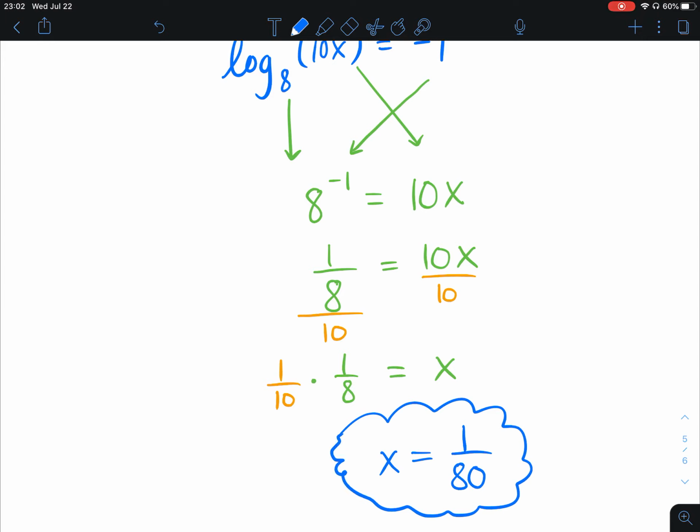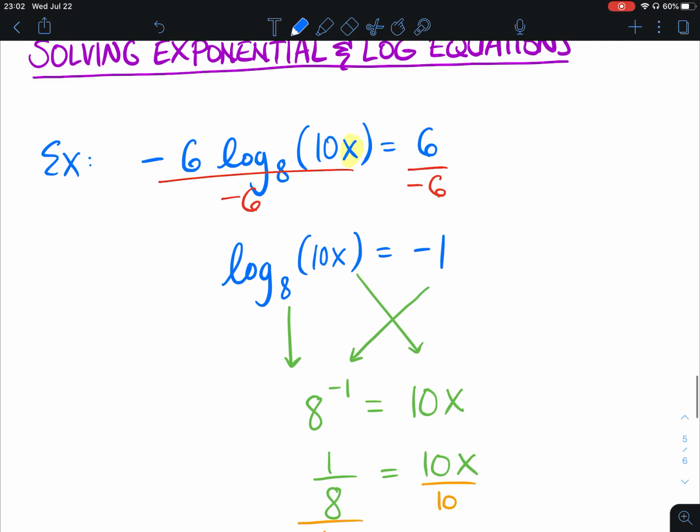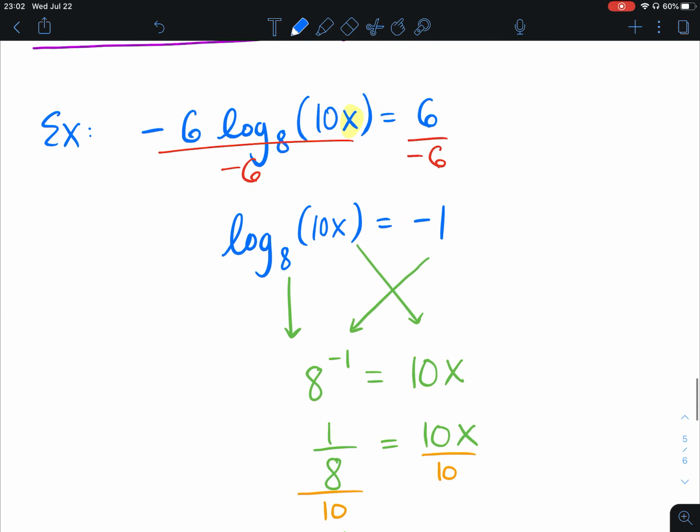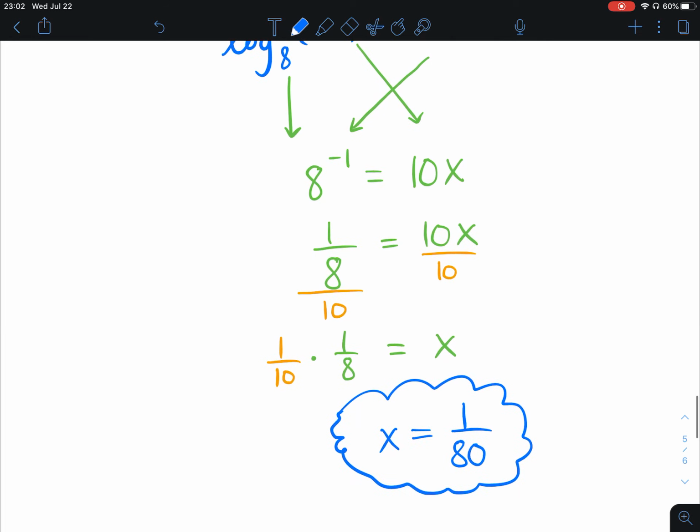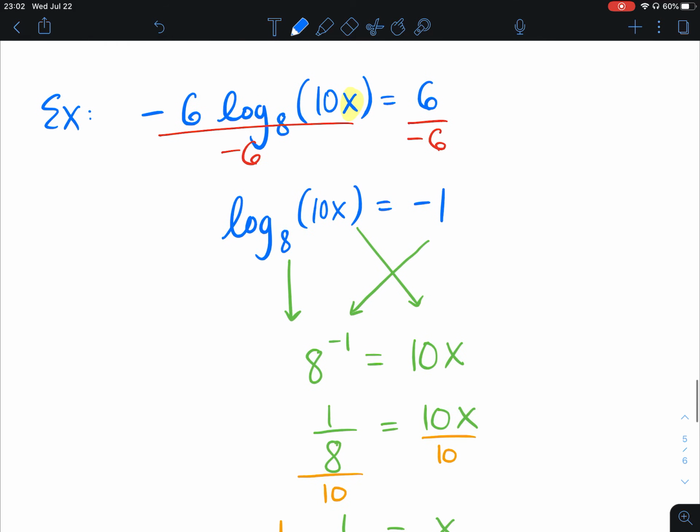Folks who like graphing, graph the left side and the right side and make sure the x coordinate of intersection is at 1 over 80. So the technique that we just used in this example was rewriting log form as exponential. So rewrite log form as exponential, and that really solved our trouble with this one. So that's a good technique.